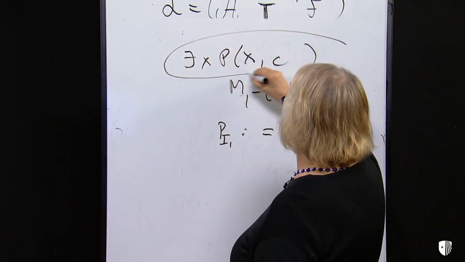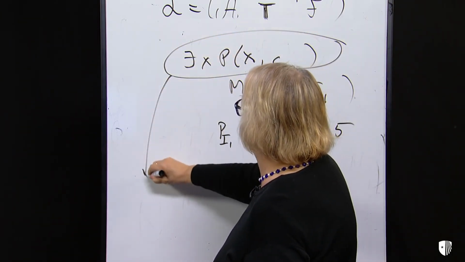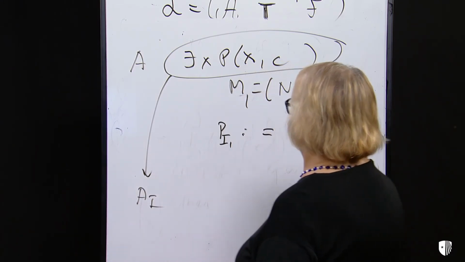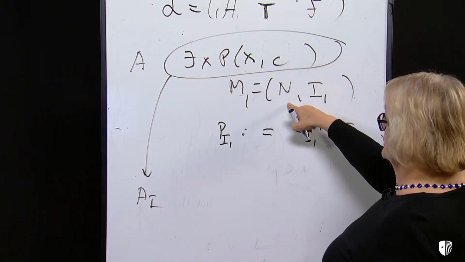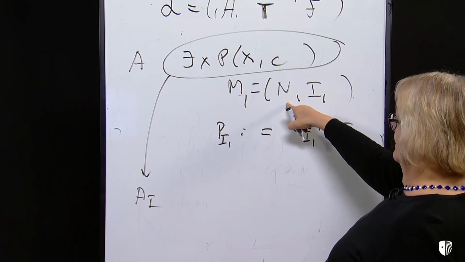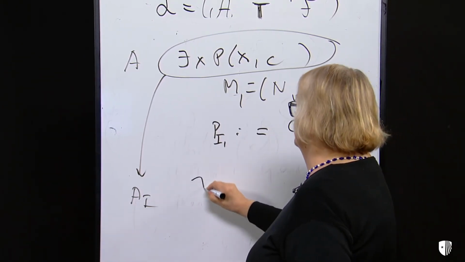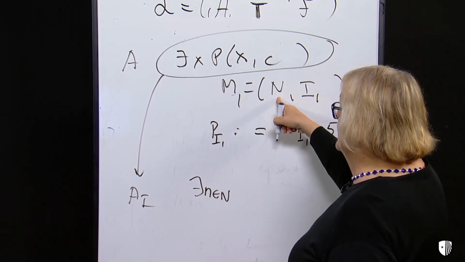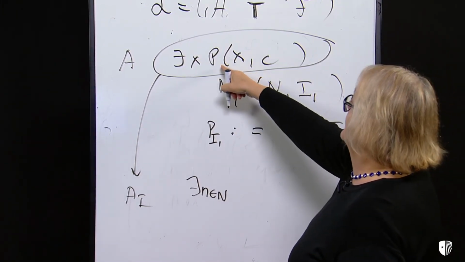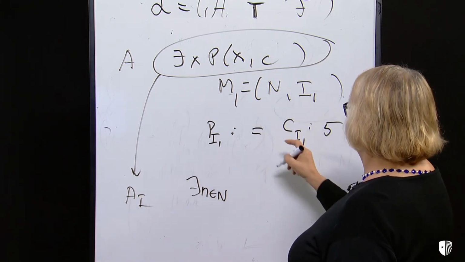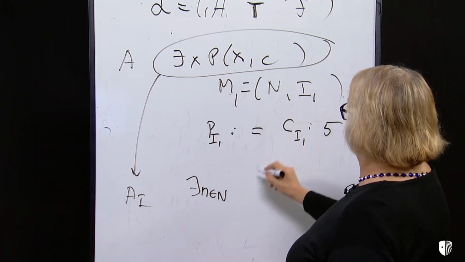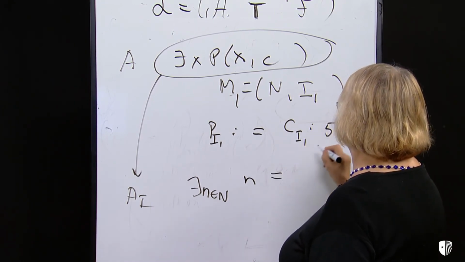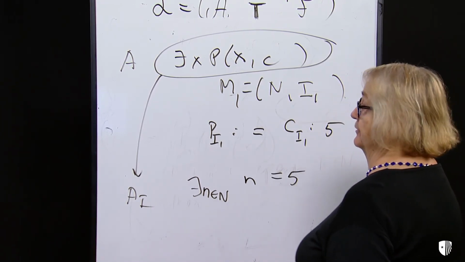So this formula A_I would become: there is n in N, because I am in N, and you interpret P as equal, so n equals 5, right?